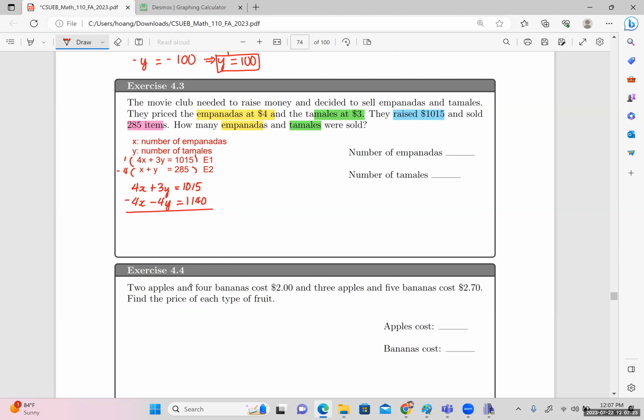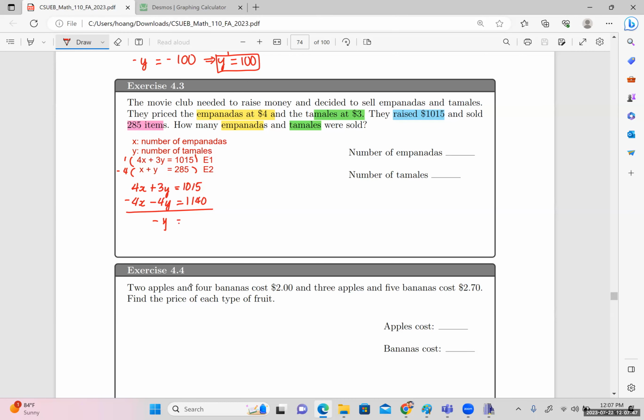This gives me -y equal to, something happened with my pen.